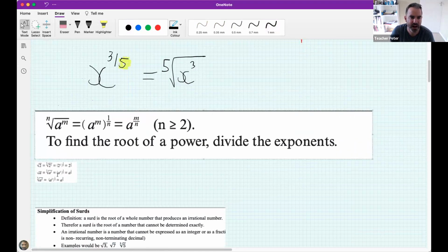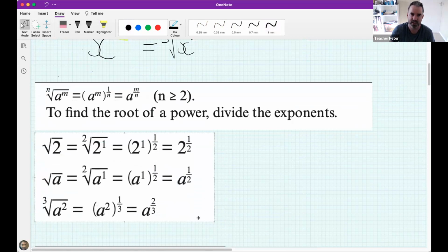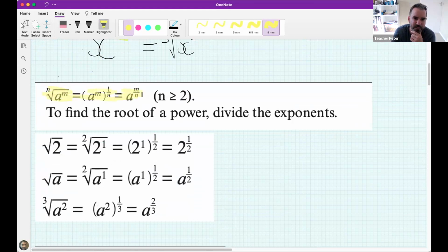So the law that I was using there, where I was using to help me, is the law of powers and exponents and roots that looks like this, which looks a bit scary. But all we need to remember is if we have root form, the number that's outside just goes to the bottom in the power.